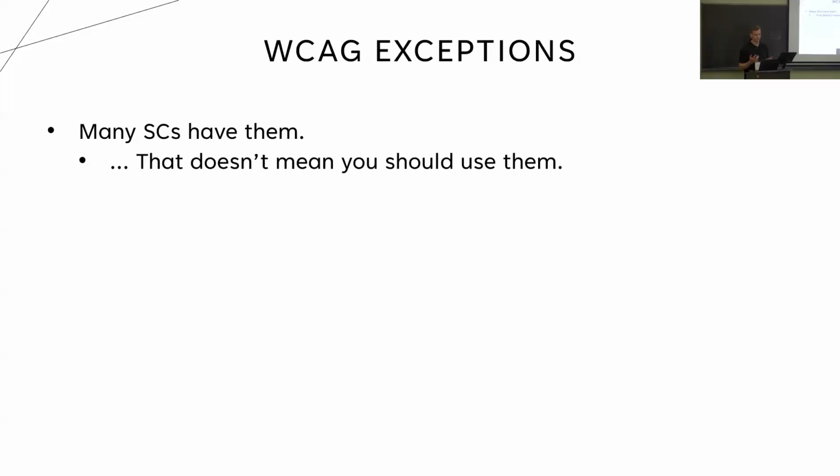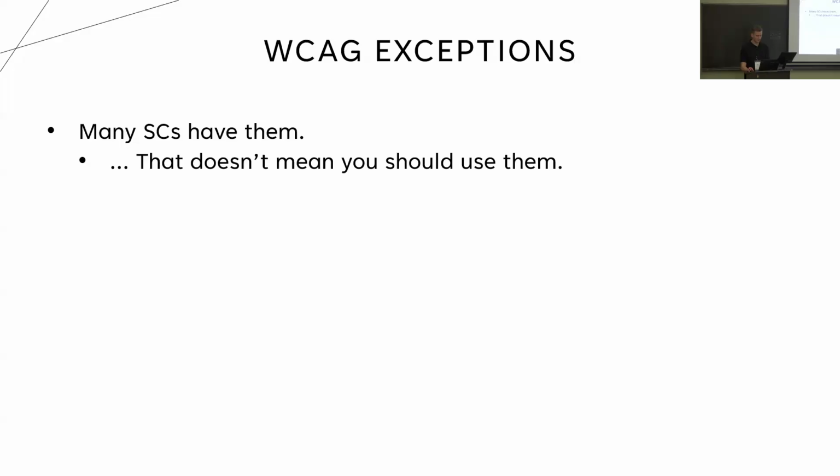I improved checks for it, so I see problems here all the time. It has a couple of exceptions, which I'll get into in a minute. The point is there are these exceptions documented in WCAG, and the automated checkers often struggle to recognize them. So just because an exception exists doesn't mean you should use it, in terms of your automated checker friendliness.